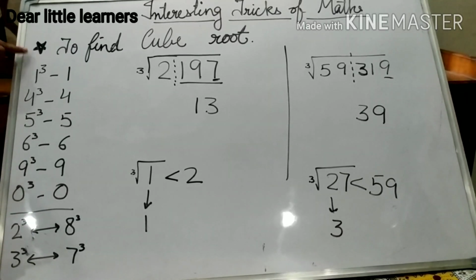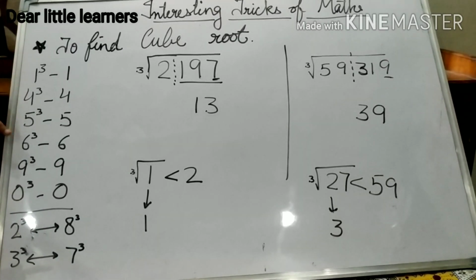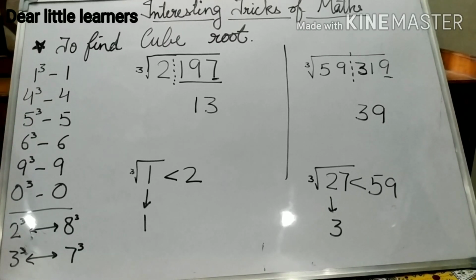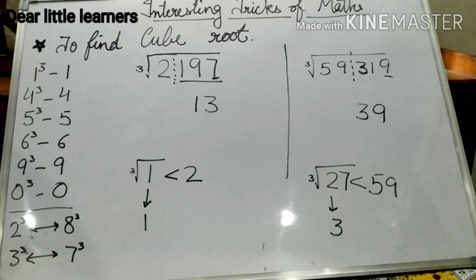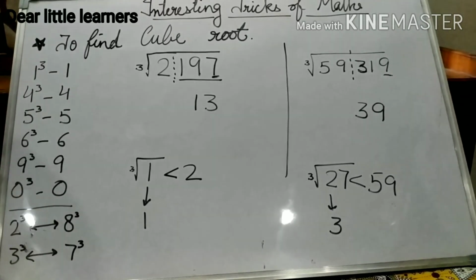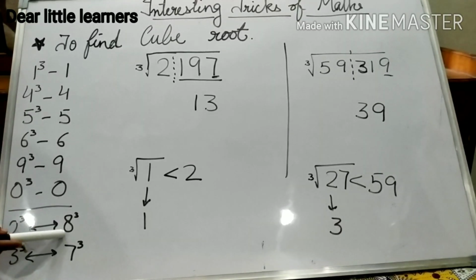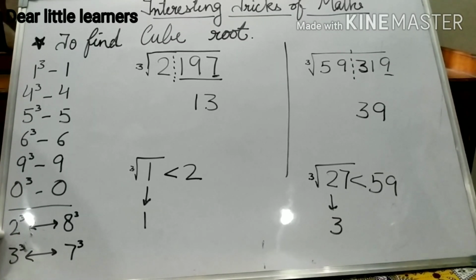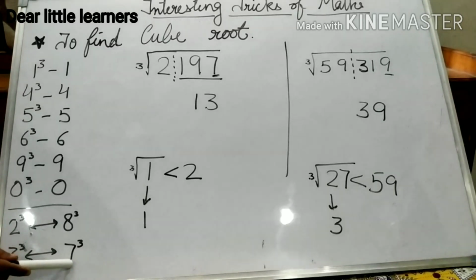In all these numbers 1, 4, 5, 6, 9, 0, we are getting these numbers back at the last, except 2 and 3. In case of 2, we are getting 8 at the last. 2 2s are 4, 4 2s are 8. And in case of 8, children, we will get 2 at the last. 8 8s are 64, 64 8s are 512. So we are getting 2 at the last. Here 3, if we check cube of 3, 3 3s are 9, 9 3s are 27, we are getting 7 at the last.